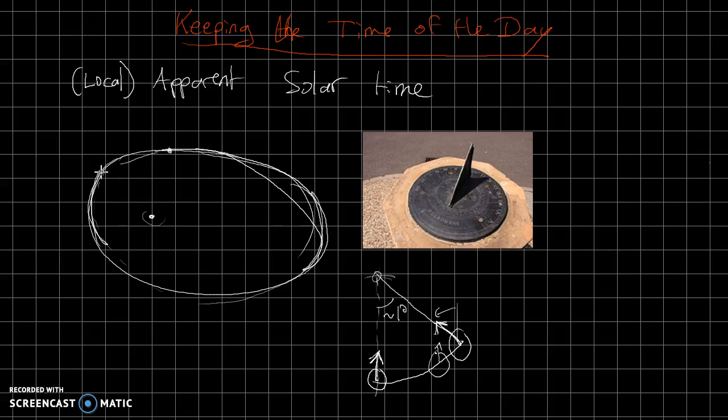If you're traveling close to the perihelion, you're moving faster, which means that for the same time interval, you will actually travel an angle greater than 1 degree, which also means that the solar day will be longer because you have to turn a bigger angle. The rotation must be more than 1 degree.